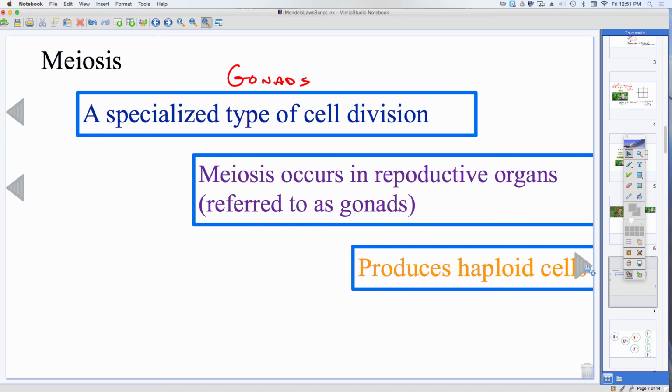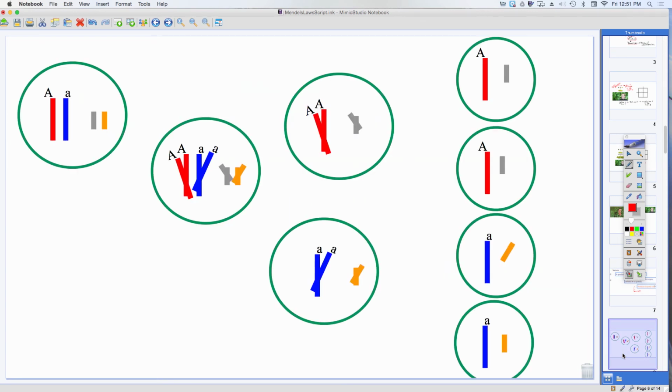And so we produce our sex cells in the process of meiosis, and these sex cells are haploid because they contain half of the chromosome number.